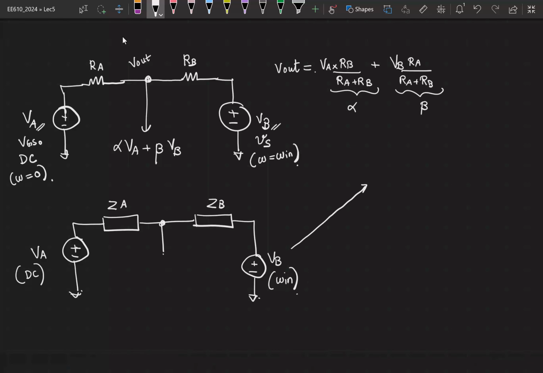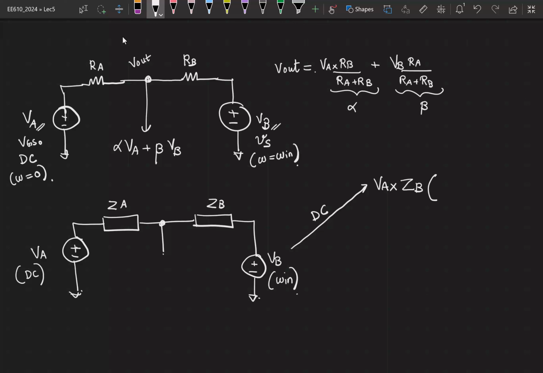So first let's figure out what would be the output appearing here if I solve it only for DC. What is the answer? Whatever is the VA into ZB, but ZB is a frequency dependent impedance, so I have to specify for which frequency I am evaluating ZB.